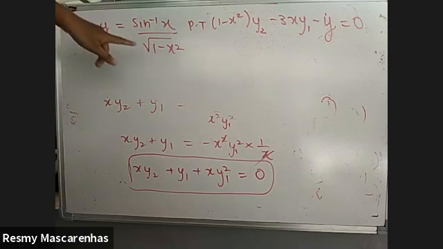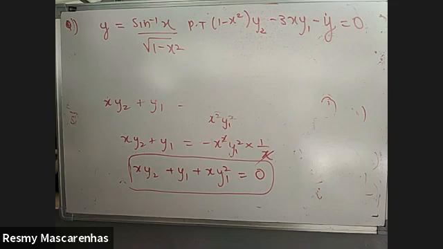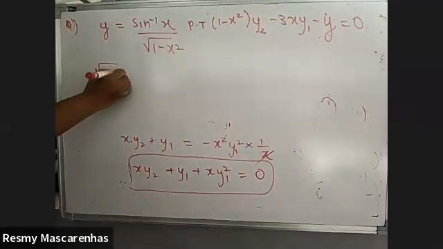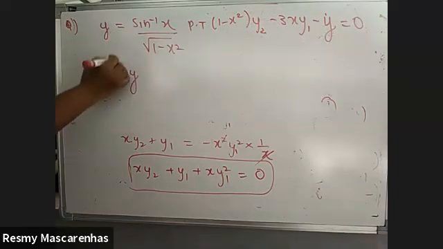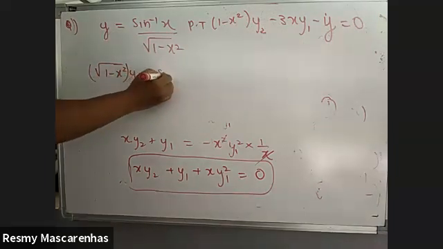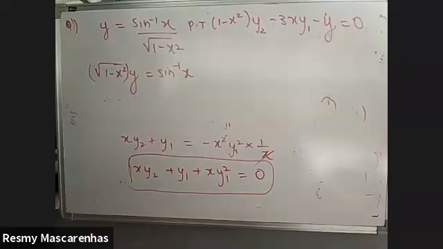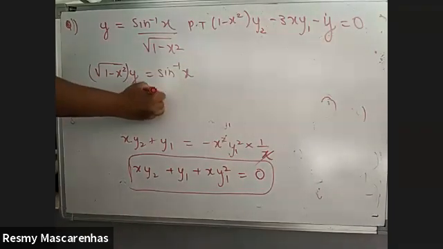So what you can do, take this root on the other side and then differentiate. You can just take 1 minus x square into y is equal to sine inverse of x and then differentiate.